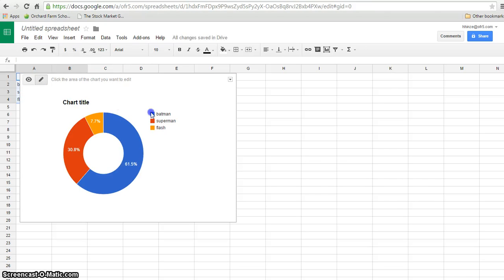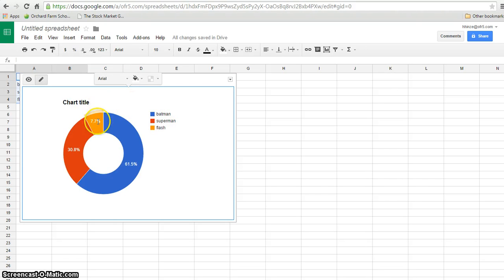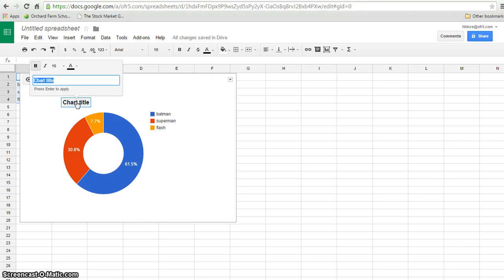Once you have inserted this chart, you can edit it a little bit. It tells you to click on the parts you want to edit. So I can click here, and then what I need to do is make the title of this chart whatever the question was. So if the question was, who is your favorite superhero?